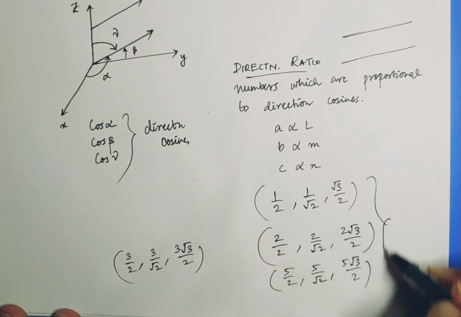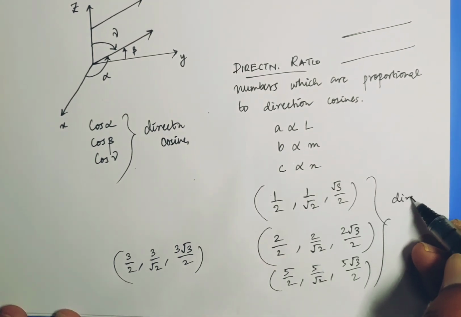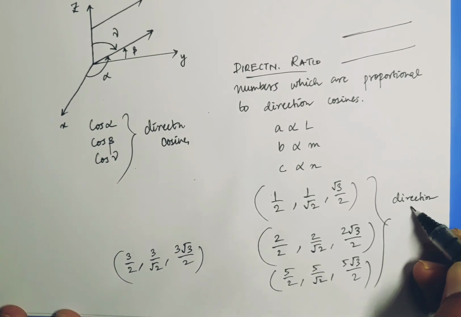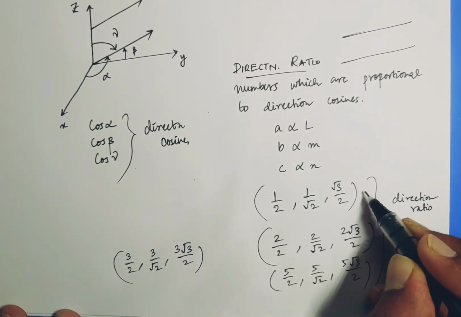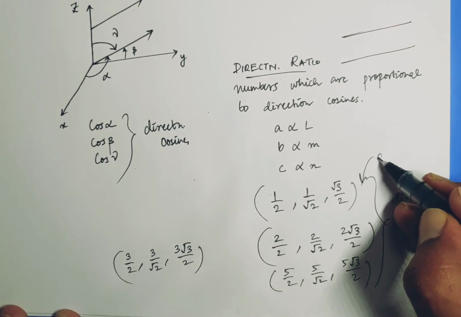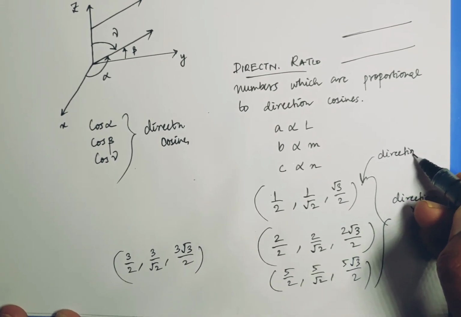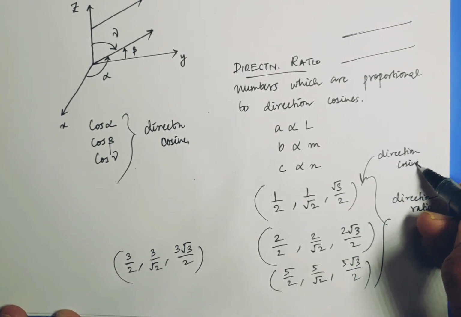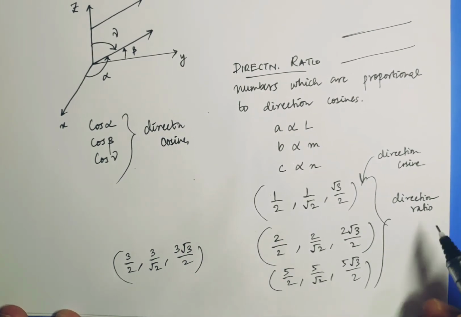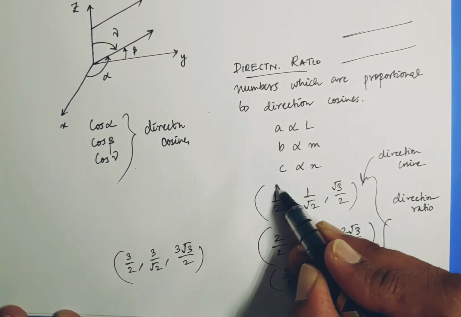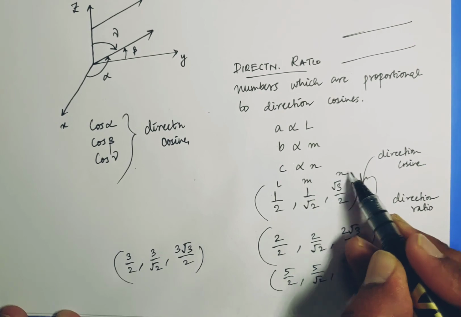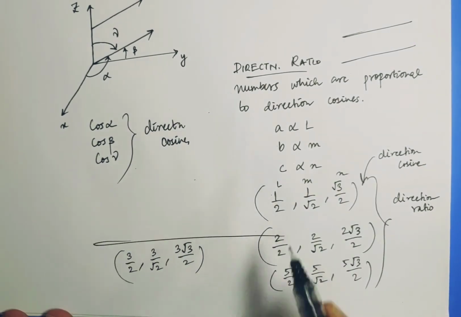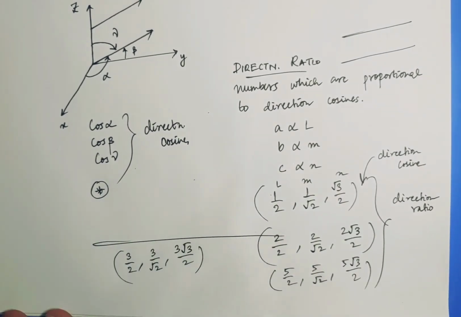Write down, very, very important. So this one is what? Direction cosine, and these are all its direction ratios. Am I clear? This is the value of l, this is the value of m, this is the value of n. Now write down one very, very important thing that I have just told you.